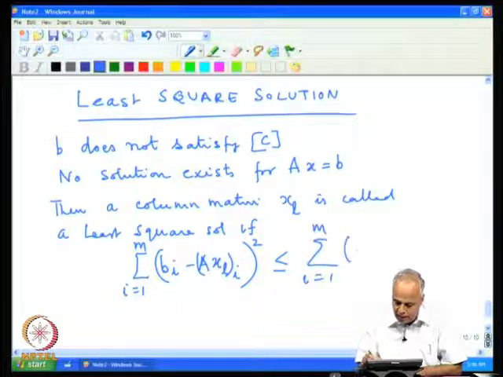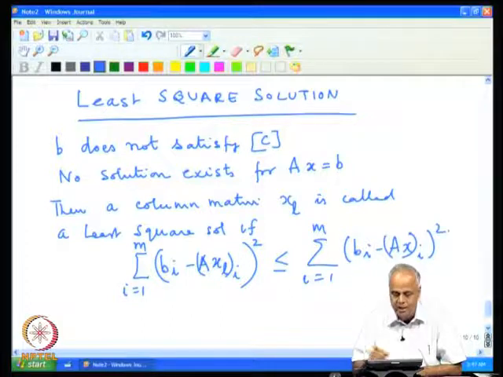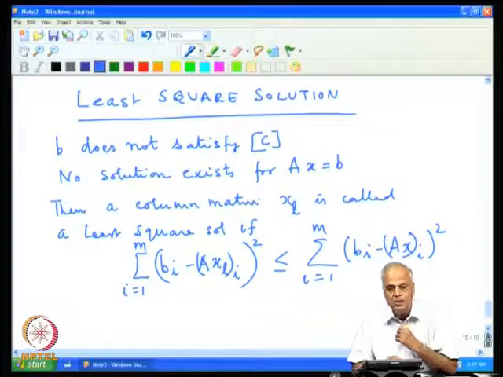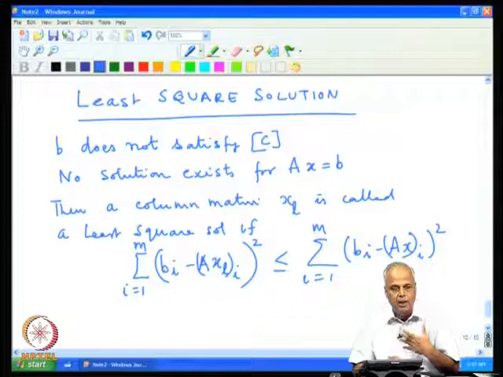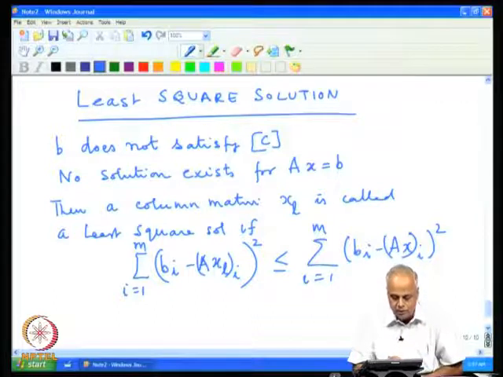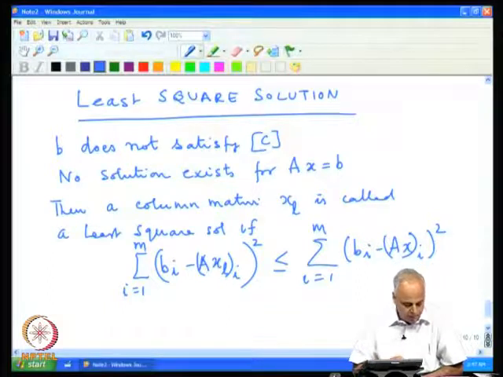That is, if I take any vector Ax and calculate the error, it cannot be less than this. So the least square solution minimizes this particular quantification of the error. Different notions of error quantification could lead to different types of solutions, but we will be concentrating only on the least square solution.